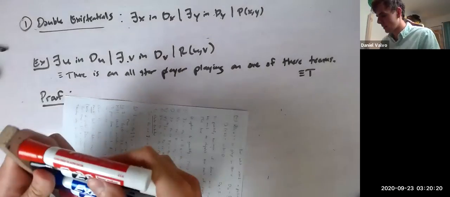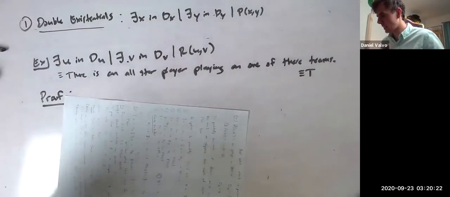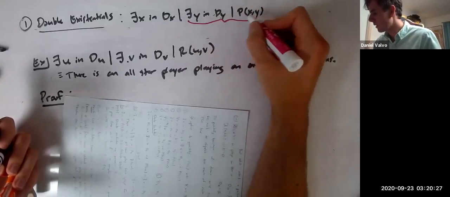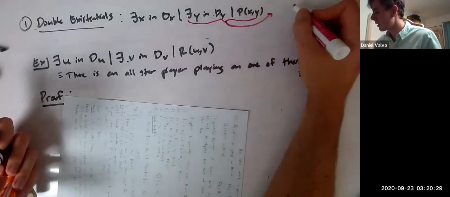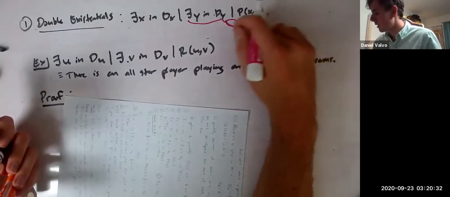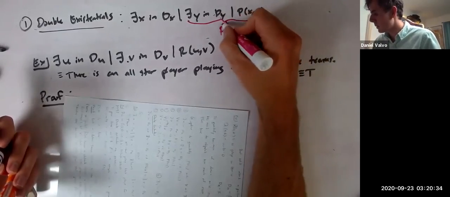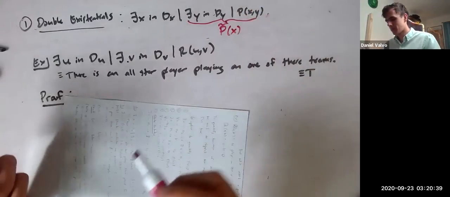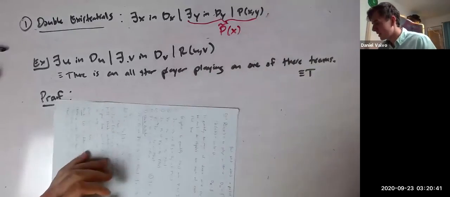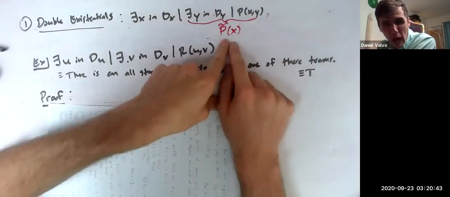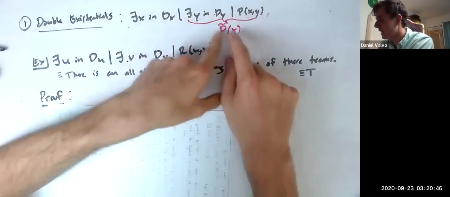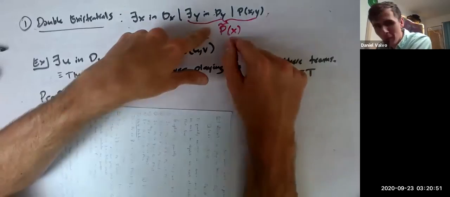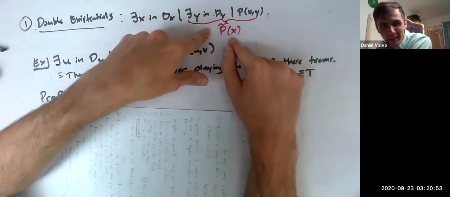Let's let this right here equal what I'm going to call P with a little squiggly on top, X. Notice P squiggly of X means there exists a Y in dy which is a P of XY. This is a predicate, right?